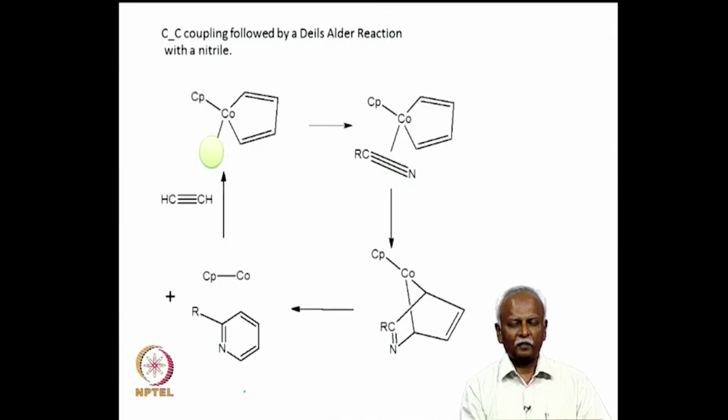And in fact, that is the reason why you can do this ring formation reaction with 2 acetylenes and 1 acetonitrile or 1 nitrile molecule. So, you can vary the molecule in such a way that the 2 steps can be distinguished. The very fast formation of the metallocyclopentadiene and the subsequent Diels-Alder addition can be distinguished. They appear to be 2 separate catalytic cycles.